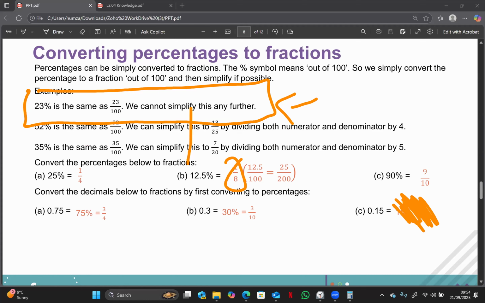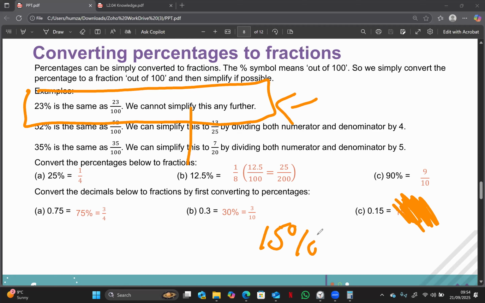Remember, whenever you see a point, you need to convert it into a percentage first. Times 100. And what's the answer? 15, so the answer is 15%.